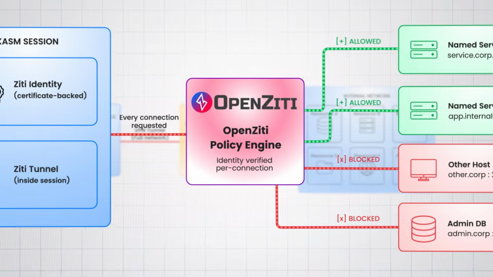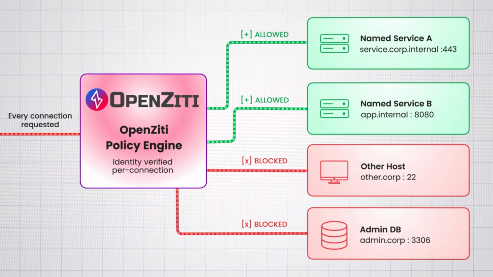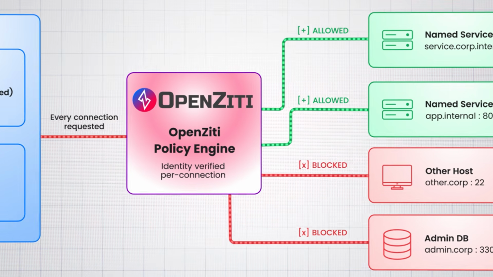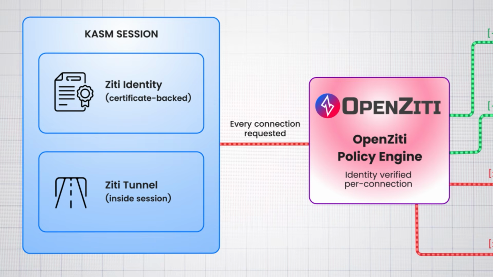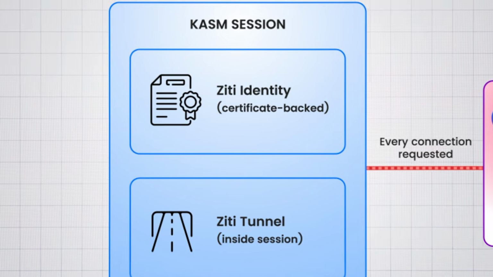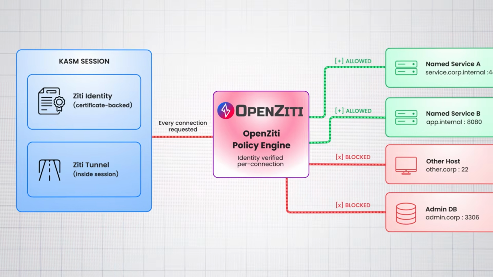With OpenZiti, there is no network-level tunnel and no gateway selection at launch time. Instead, access is granted to individual named services which are referenced by specific host and port combinations. And that access is governed by identity-based policies that are evaluated on every single connection. A Kasm session is issued a certificate-backed OpenZiti identity that is unique to that session.